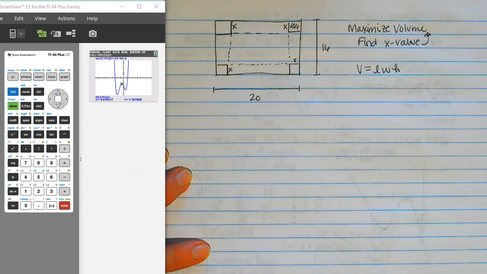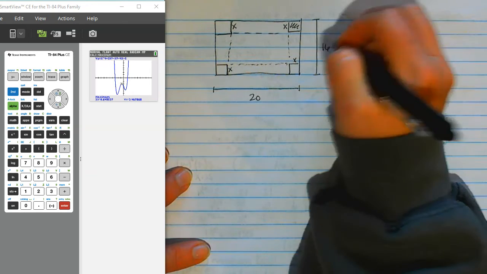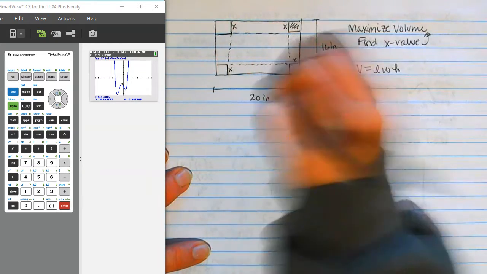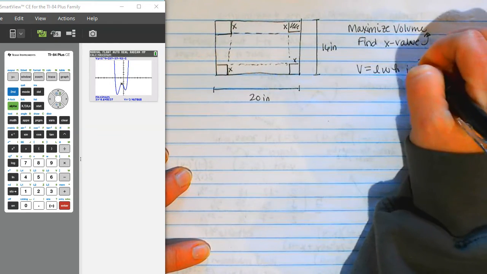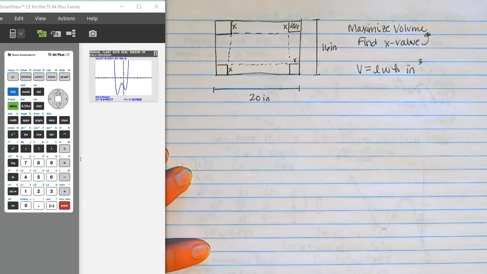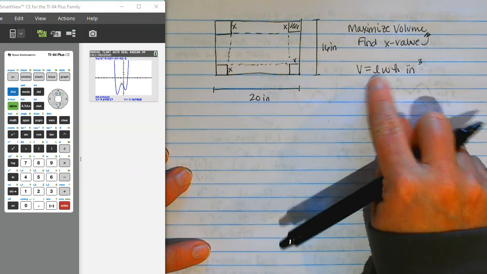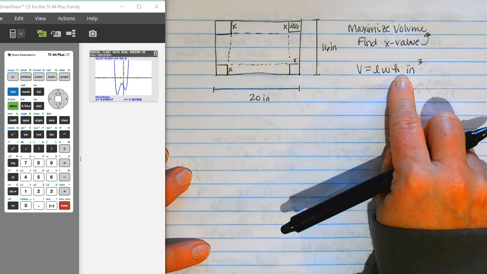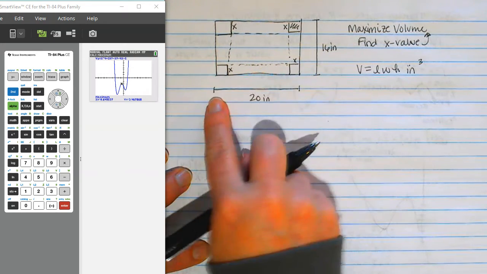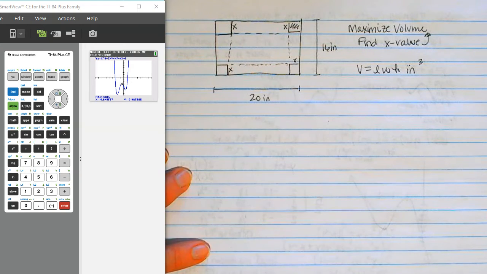It's three-dimensional, if this is actually in inches, this would be inches cubed when we multiplied it out. So this is what we need to do. We need to figure out how to make an equation that's not L, W, and H, because I cannot put that in my calculator, but that represents the 16 and the 20 and this X. That makes sense.